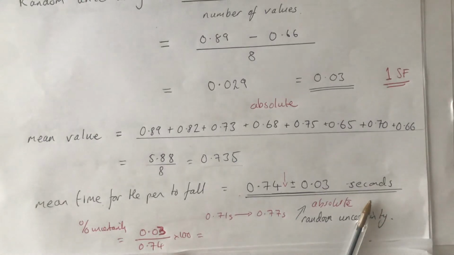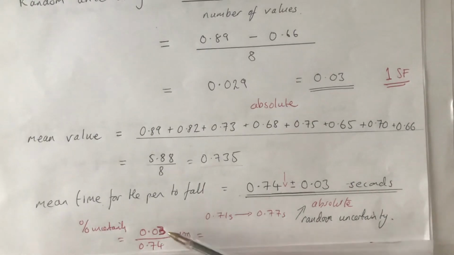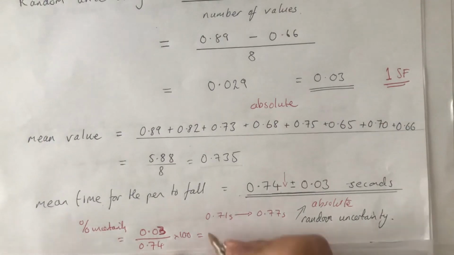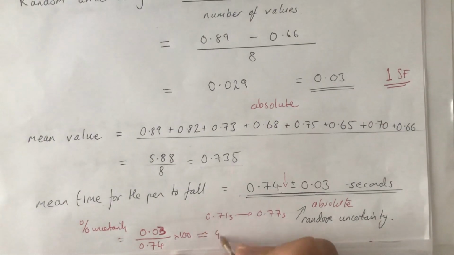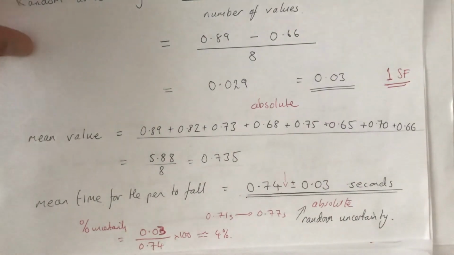That's how I would do it. And that's about 4%, he guessed. Doing that in my head, I'm thinking that's about 4%. You'll say to me, oh, you're terrible at doing maths in your head.